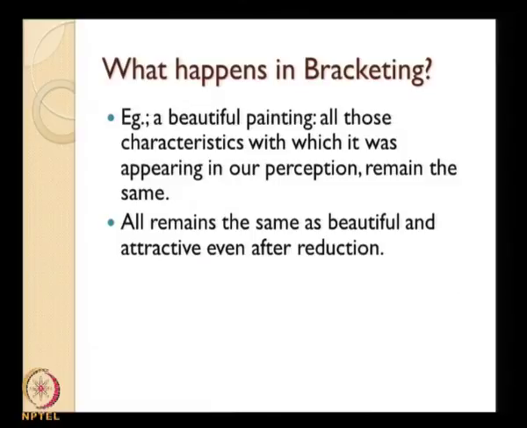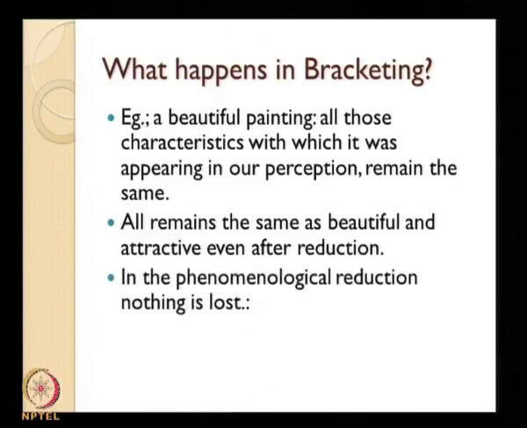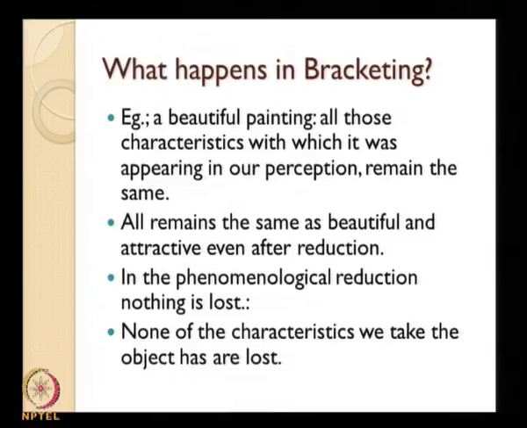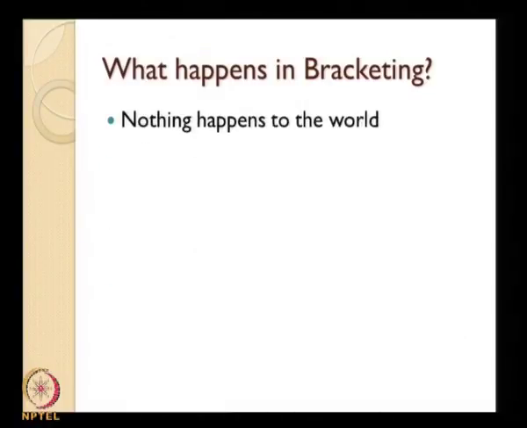Everything is retained even in the process of bracketing, all remains the same, beautiful and attractive even after reduction. Then what is the major difference here? He says that in the phenomenological reduction nothing is lost, none of the characteristics we take the object to have are lost. Nothing happens to the world, it remains the same.